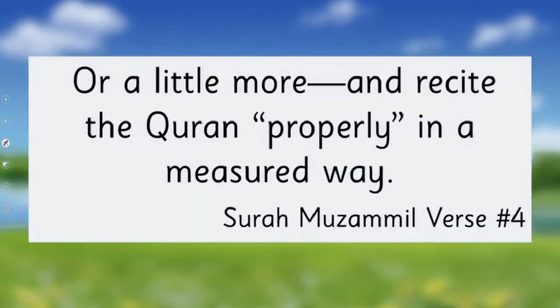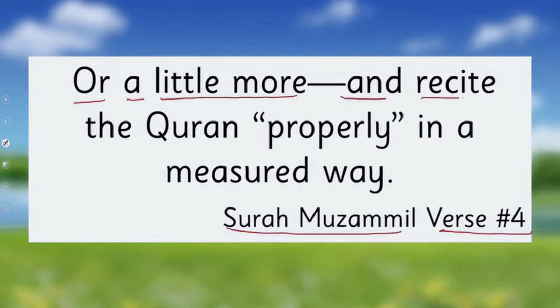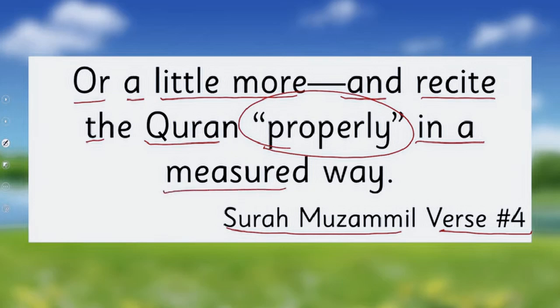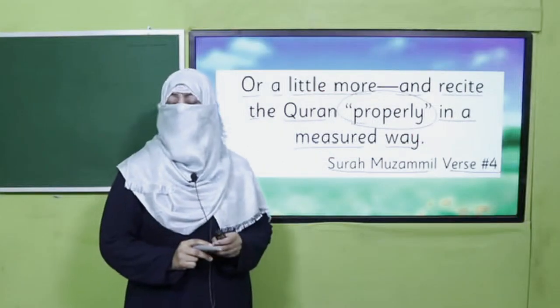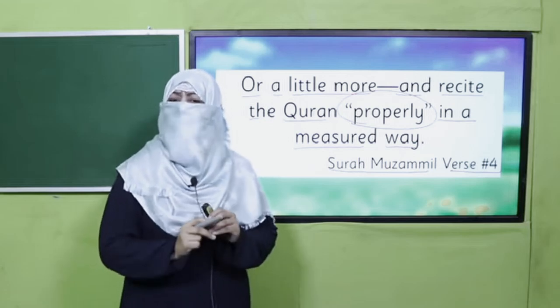Let's start with the name of Allah subhanahu wa ta'ala. Allah says in Surah Muzammil, verse 4, "or a little more, and recite the Quran properly in a measured way." Yes, my dear children, subhanallah, our religion teaches us everything.